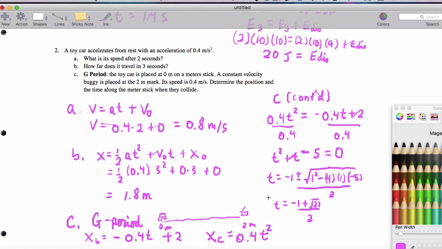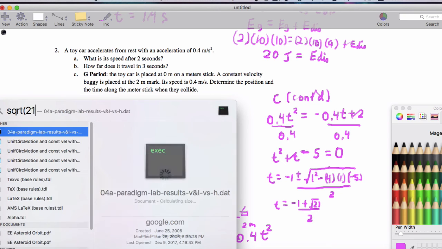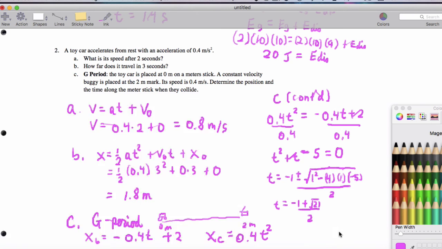And then we'll plug that back in and get the position. That divided by 2 gives us 2.79. Sorry, it's minus 1. So that's going to be 1.79 seconds.